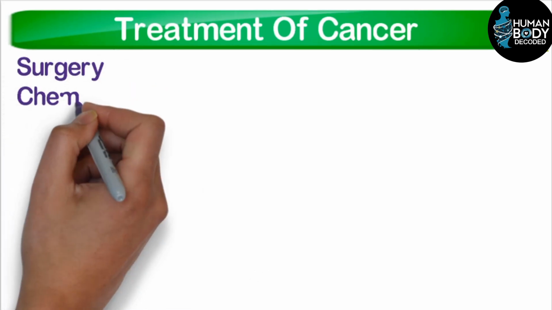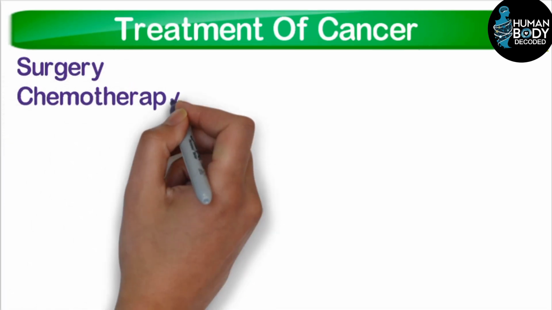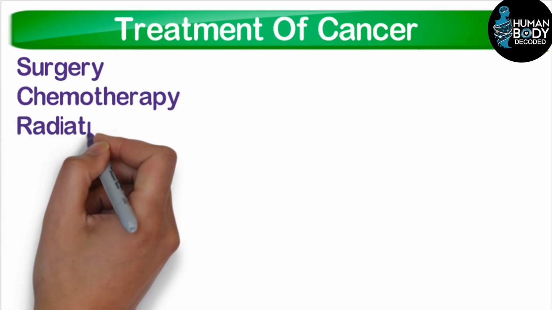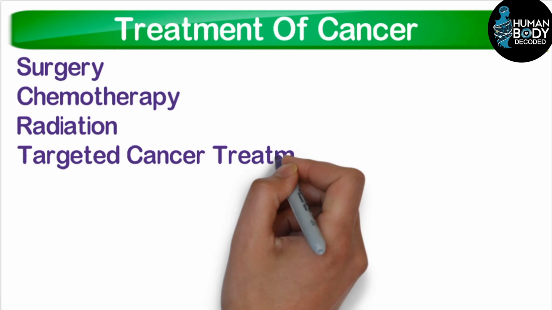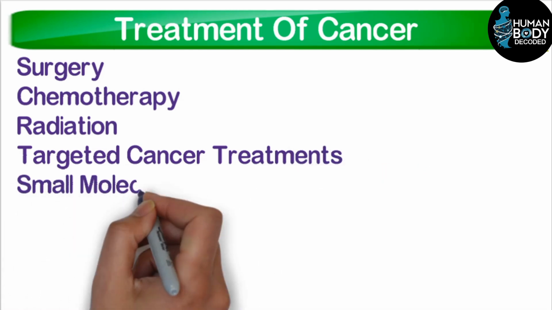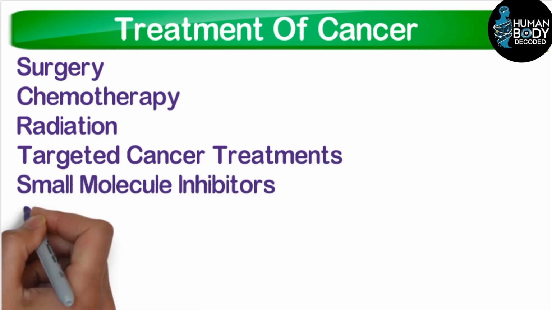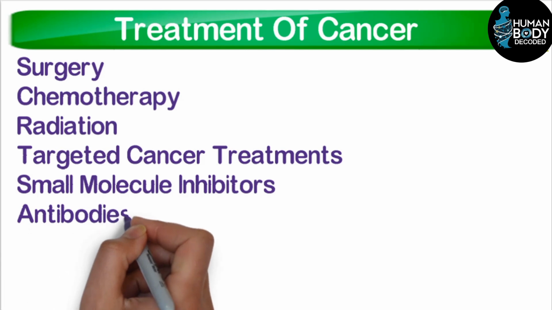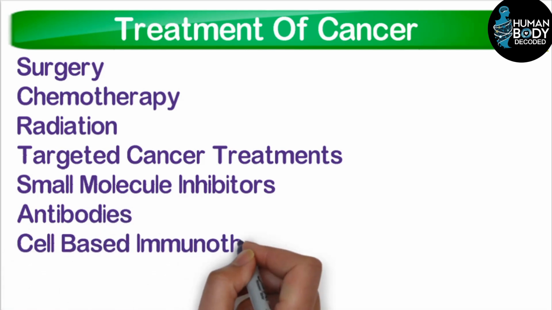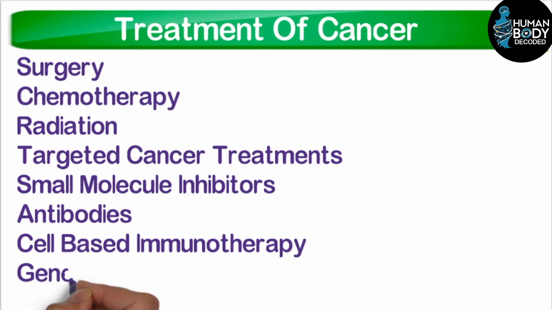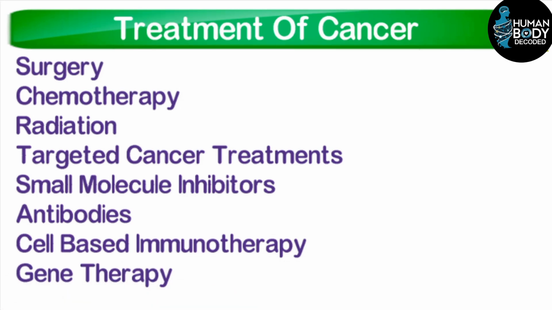We can do chemotherapy. We can do radiation. Targeted cancer treatment also exists. We give small molecular inhibitors. We also give antibodies. We also do cell-based immunotherapy, and gene therapy is also done. These are all treatments for cancer.